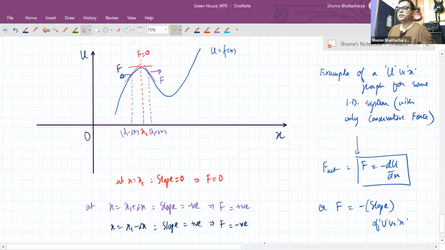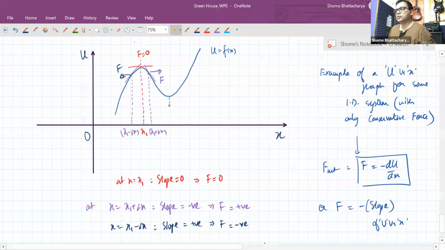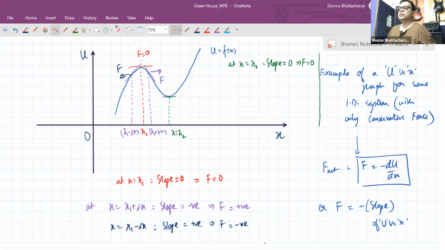So at this point, let's say this is x equal to x2. You can see that the slope is 0. Okay, so at x equal to x2, slope is 0. So that means force is 0. Okay, but now think about the point over here, or think about the point over here.